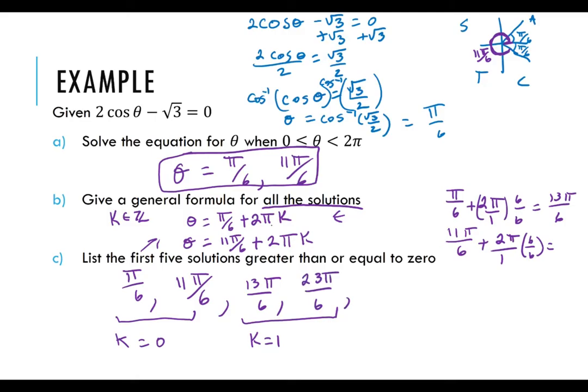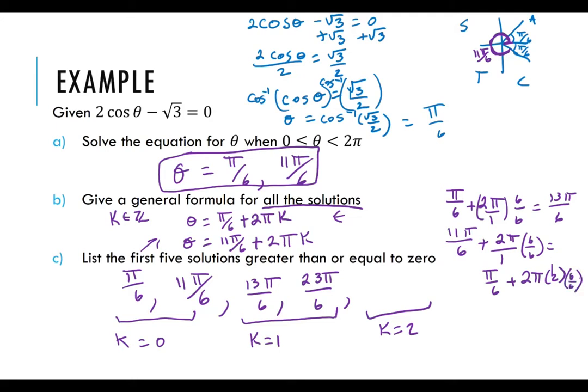Then we can go back to our first equation and let k equal 2, in which case we get pi/6 plus 2 pi times 2. That's really 2 full rotations past pi/6, so that's going to be 4 pi plus pi/6, or multiply by 1 in disguise, 6 over 6.